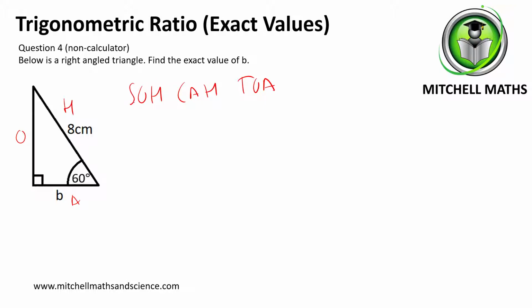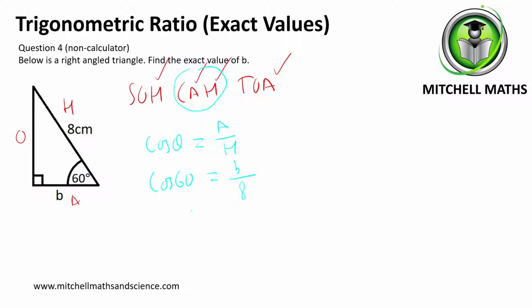I've got the hypotenuse and I want to find the adjacent, so I'm going to need to use cos. Cos angle equals adjacent over hypotenuse. The angle is 60 degrees, so cos 60 equals the adjacent, which is b, over the hypotenuse, which has a value of 8.